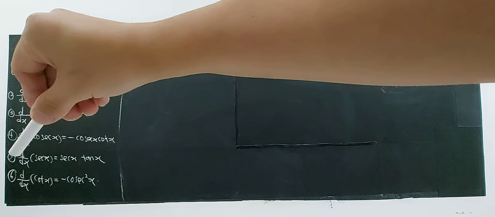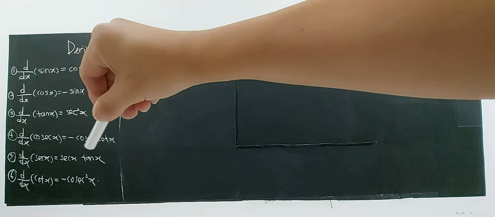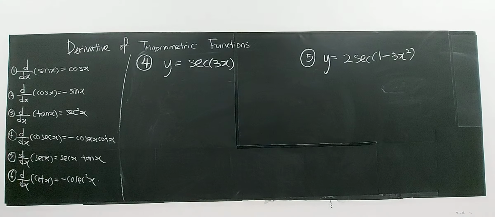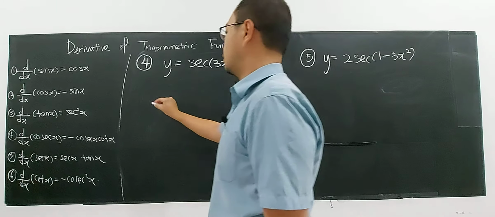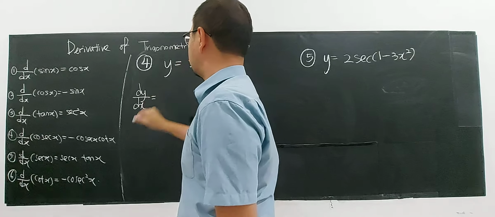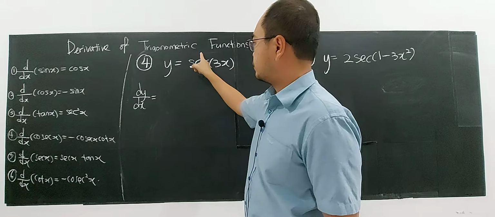Differentiate secant x, you get secant x tangent x. Remember that. See how I apply this. You must see the patterns. Differentiate secant, that is power 1.